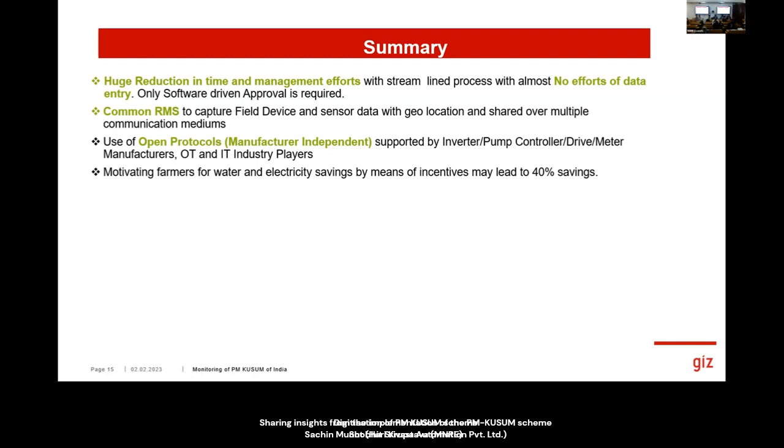Then use of open protocol, what we saw is MQTT, which has been chosen for scaling up the entire implementation. And last, from the case study, we can say that if we motivate the farmer with incentives, or with export incentives, I would say, then water savings can be done, energy savings can be done, which was also highlighted in the morning session by us.